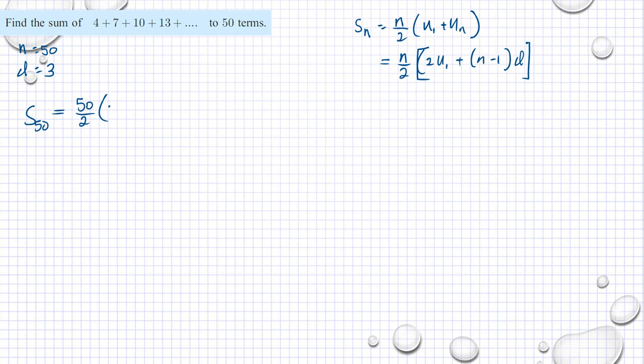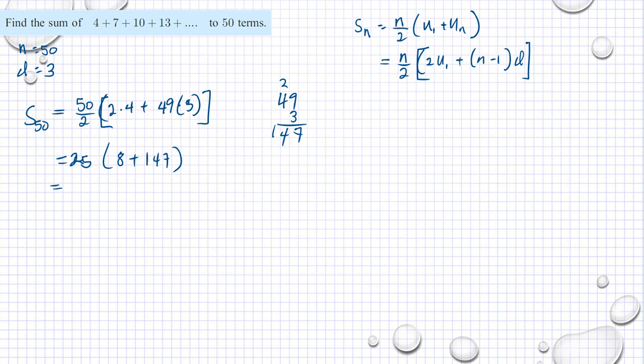So I have S of 50 is equal to 50 divided by 2 times 2 times 4 plus 49, n minus 1, our n is 50, so we have 49 times 3. Then we have 25 times 8 plus 49 times 3, which is 147.